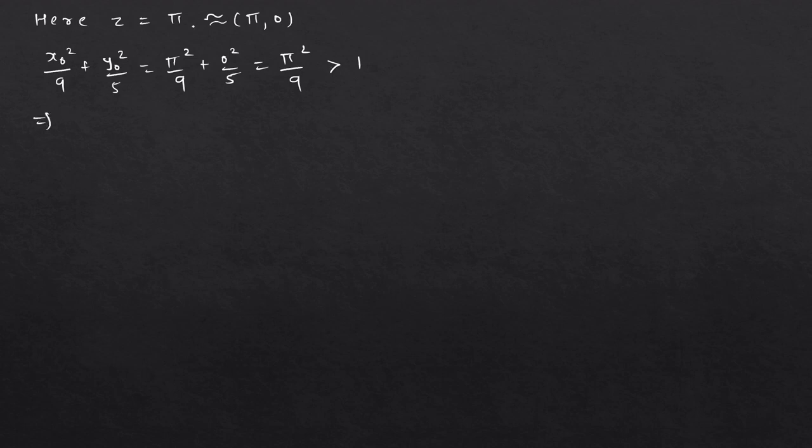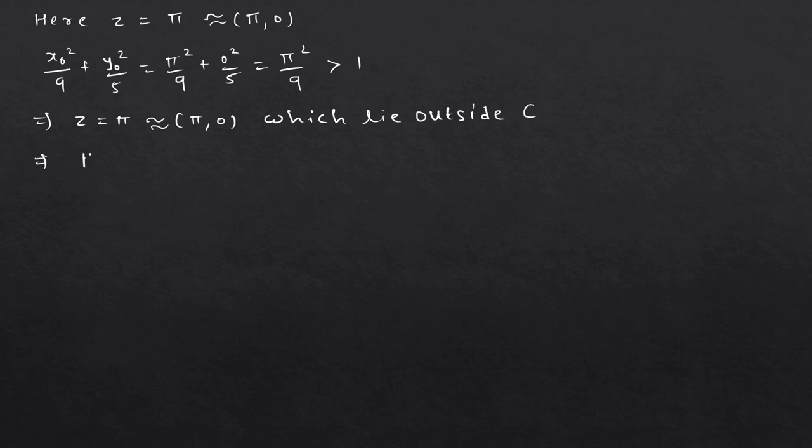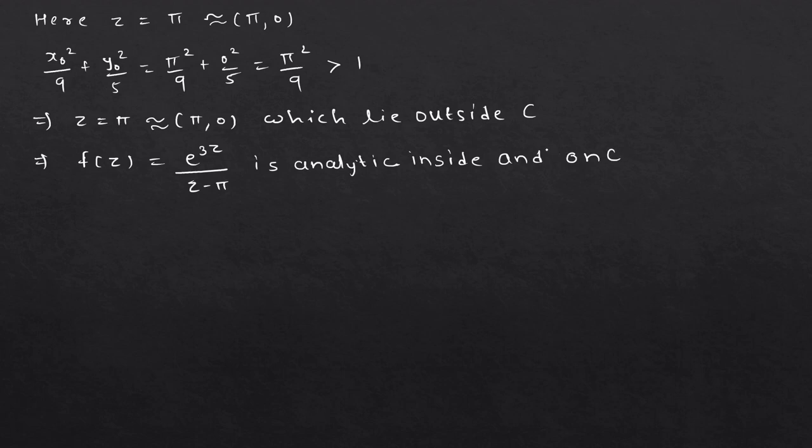So this implies z is equal to pi, which is similar to pi comma 0, lies outside C. So this implies f of z is equal to e raised to 3z upon z minus pi is analytic inside and on C. Right? Okay.